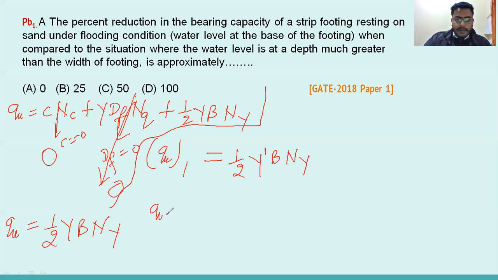Now we can calculate for the second condition: if the water table is at a much greater depth from the base of the footing, then the soil beneath the footing will be in the bulk condition. The bulk condition is denoted by gamma or gamma T also, right?